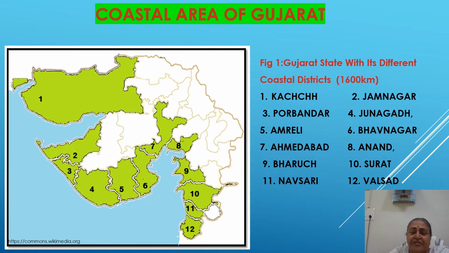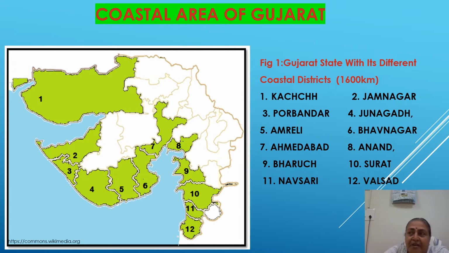The districts which have a coastal part are: the first one is Kutch, second Jamnagar, third is Porbandar, fourth is Junagadh, fifth is Amreli, sixth is Bhavnagar, seventh is a very small part of Ahmedabad, and then Anand, eighth. Ninth is the Bharuch district, 10th is Surat district, 11th Navsari, and the last, 12th, Valsad district.